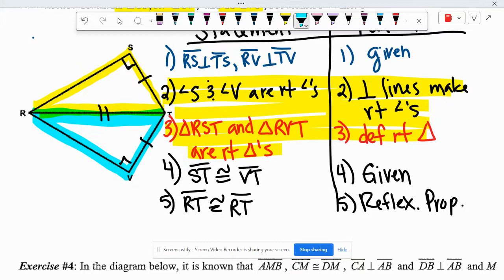Yes, I've said they're right triangles. Yes, their hypotenuses are congruent to each other. I do. Yeah. Are my hypotenuses congruent to each other? Yeah, that's RT, right? Do I have a pair of legs congruent to each other? Yeah, that's ST and VT. So we're done. We just have to say that they're congruent.